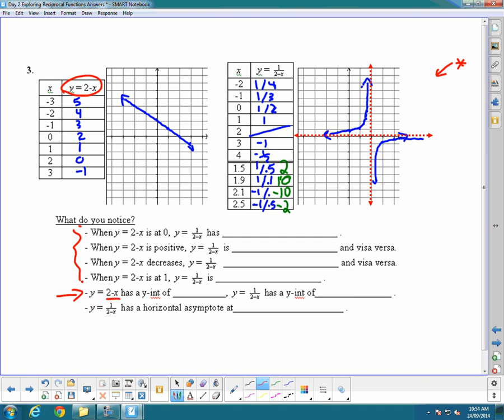This linear graph has a y-intercept where? Well, a y-intercept is at 2. And what's the reciprocal of 2? Well, it's 1/2. Let's check the graph to see if this has a y-intercept of 1/2. Yes, it does.